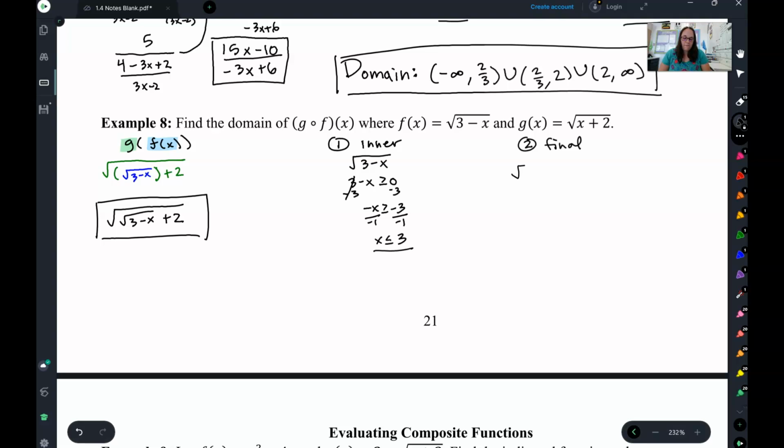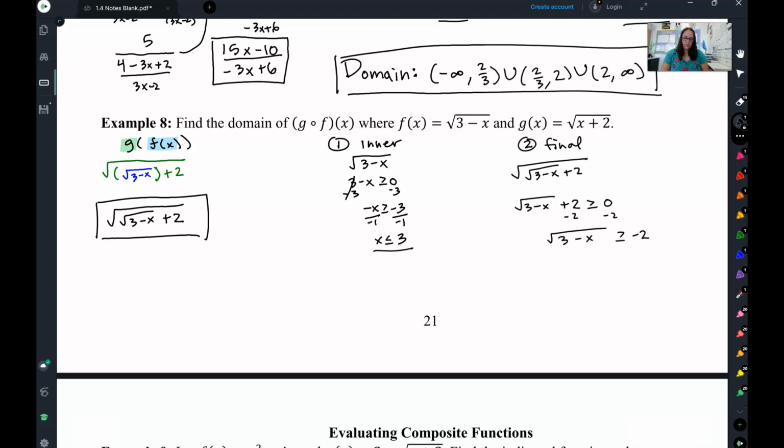Now I'm going to look at my final. And same thing, I still need to set the inside to be greater than or equal to 0. So I start to solve this, and hopefully right away you will notice that this right here will actually always be true, because a square root is always going to be greater than a negative number.